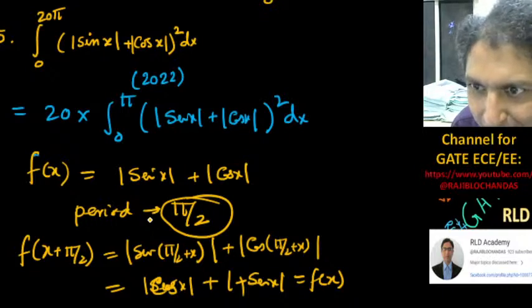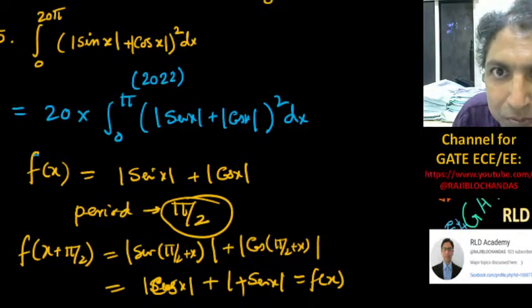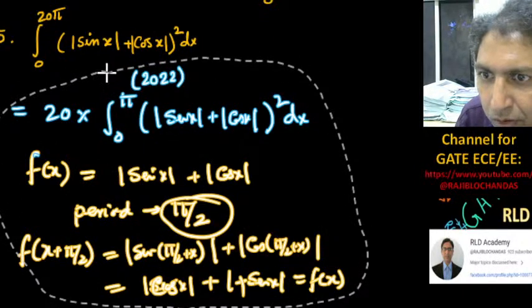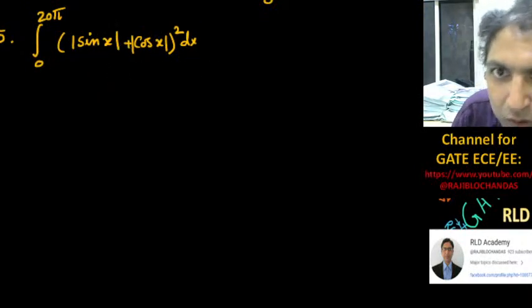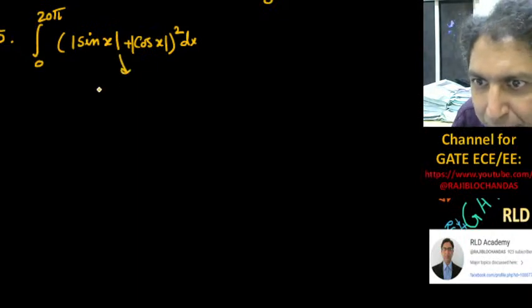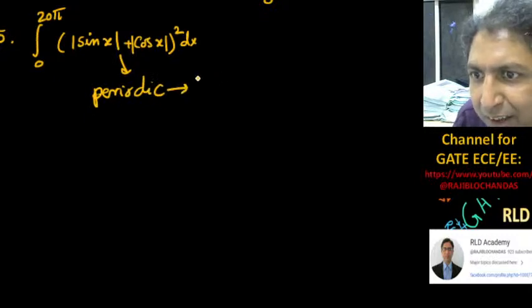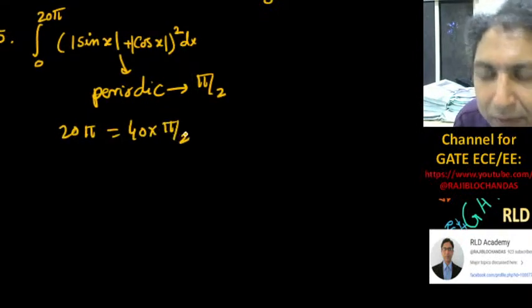So again we may consider this one. So directly we can go for these things instead of this one. As this function is periodic with periodicity pi by 2, so instead of 20 pi we can write 40 into pi by 2 directly.